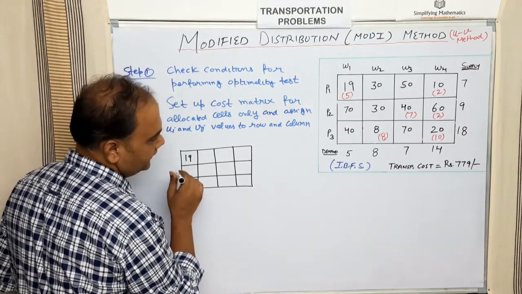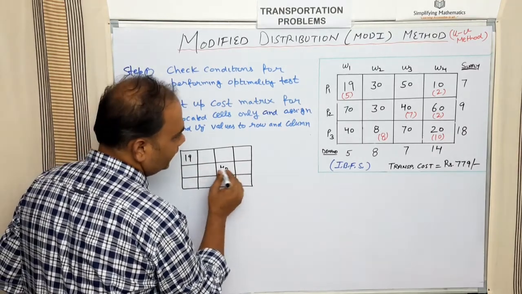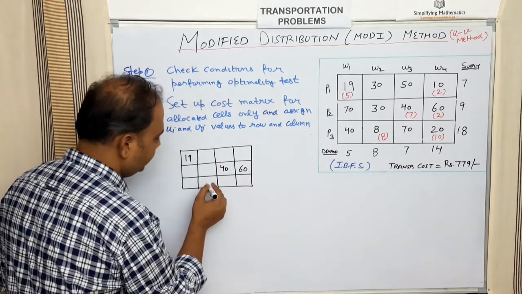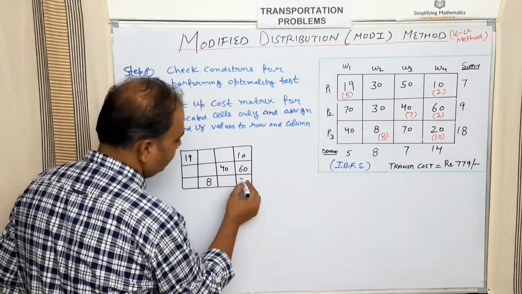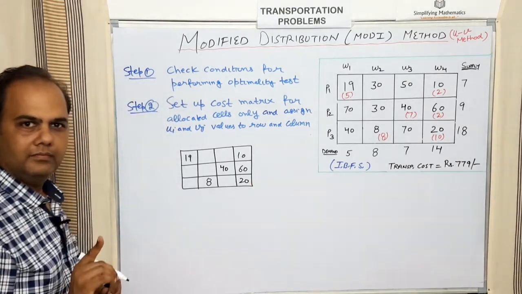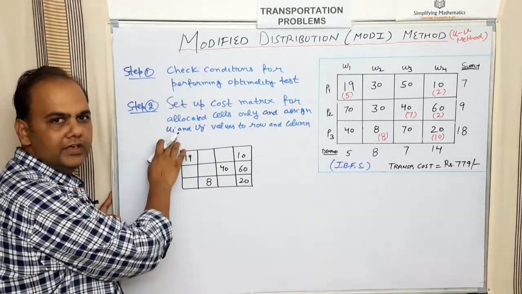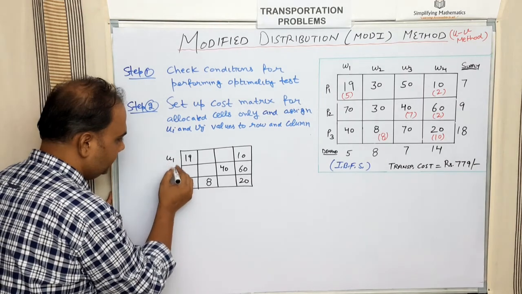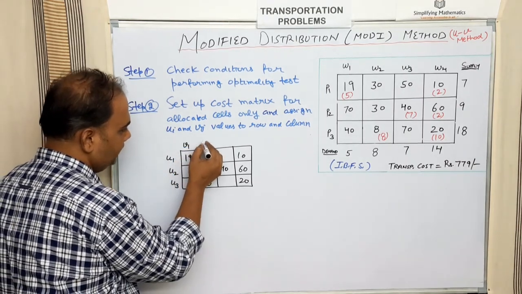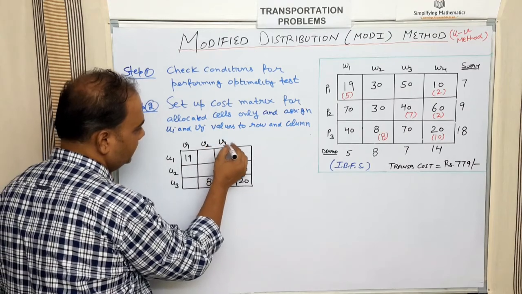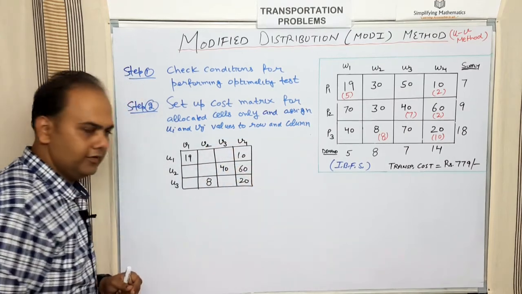Corresponding to 5, this is 19, then 40, 60, 10, 8 and 20. And assign the ui and vj values. So this will be U1, U2, U3, and V1, V2, V3 and V4.